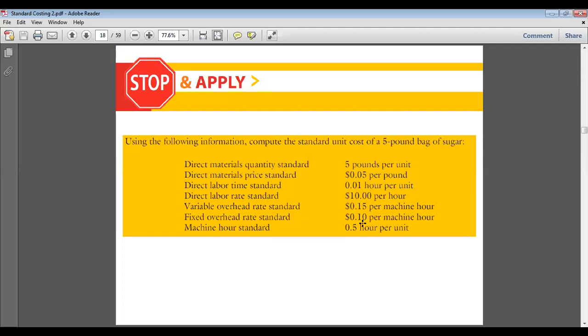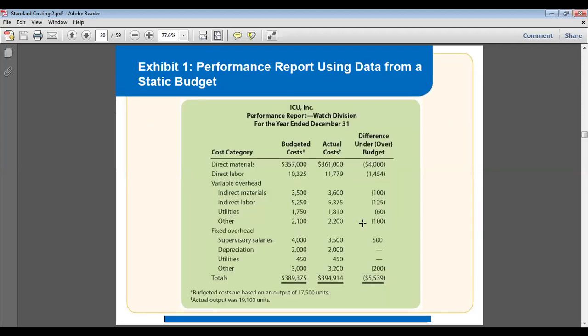So this way we can calculate the standard cost. So this is another example. We have static budget data. So this is the direct material cost. Direct material cost was budgeted at 3,57,000, but the actual cost consumed was 3,61,000.